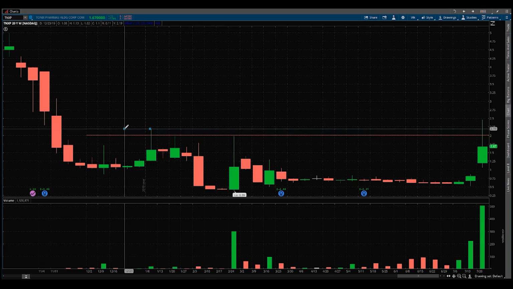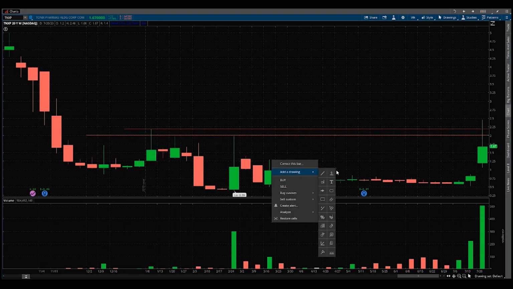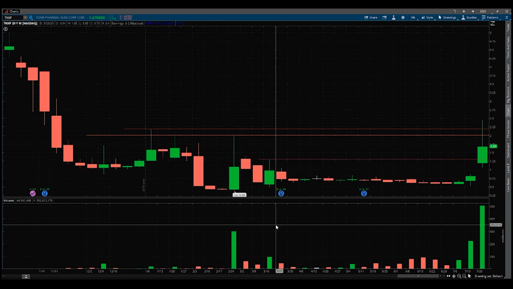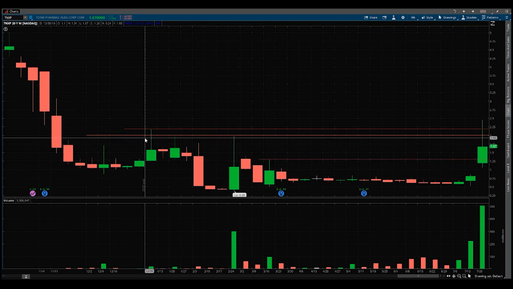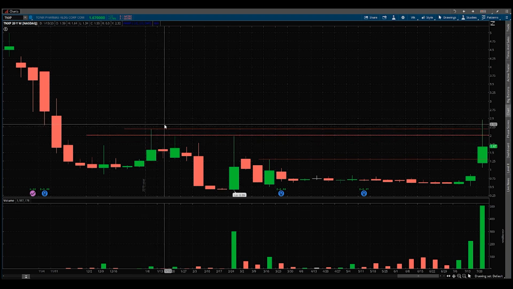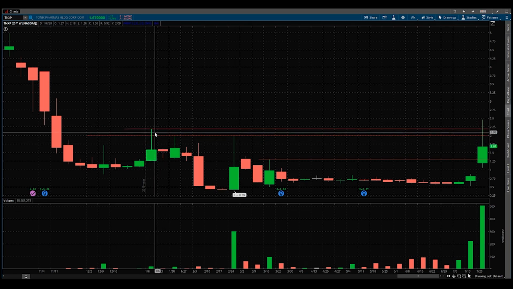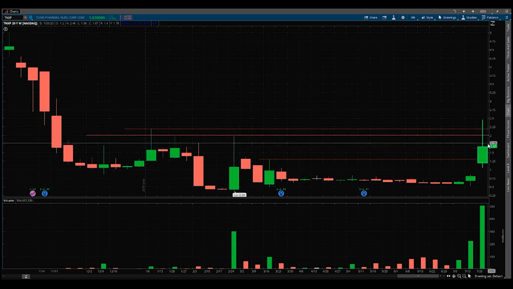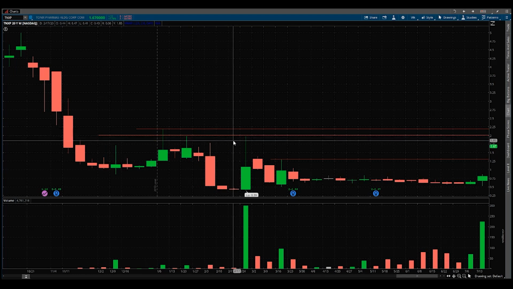Don't really see anything. Maybe, yep, that looks kind of nice right here. And then this looks nice. So you'll see how I'm drawing these lines here. Big volume, big volume. This one, I just like it a lot because it's the highest point it's been before this day, right?